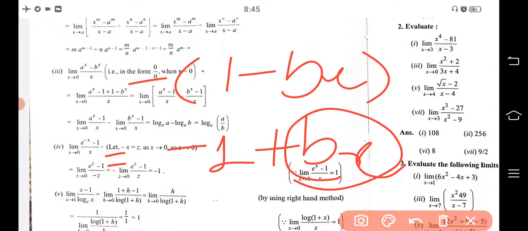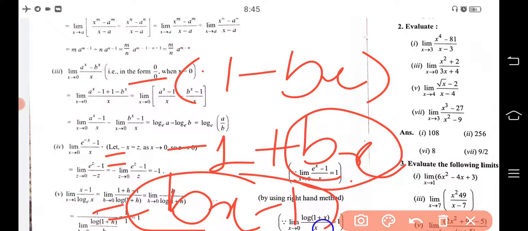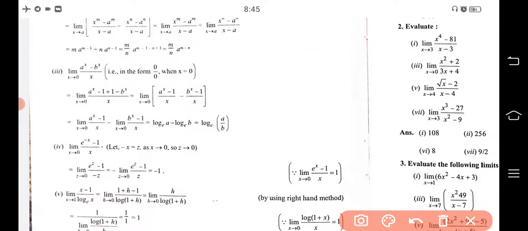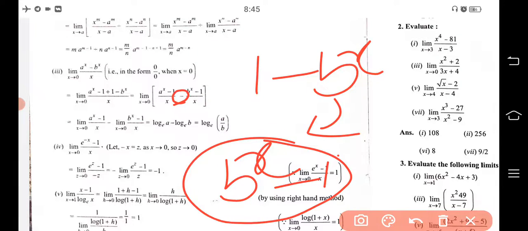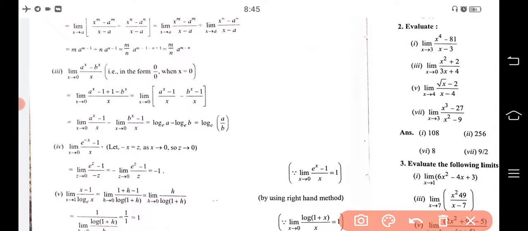Right now I can write this b to the power x first, then minus 1. Clear? So here the minus sign is taken, and we have written this term as b to the power x minus 1, taking the minus sign common.